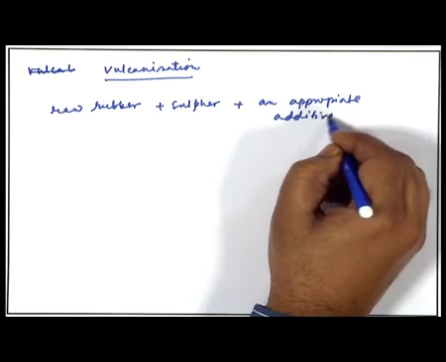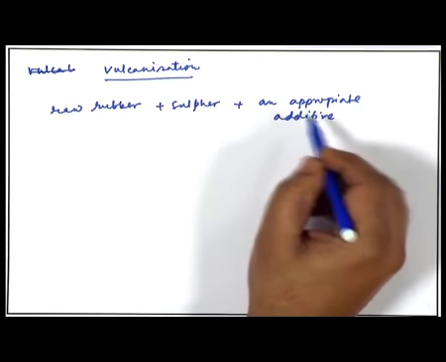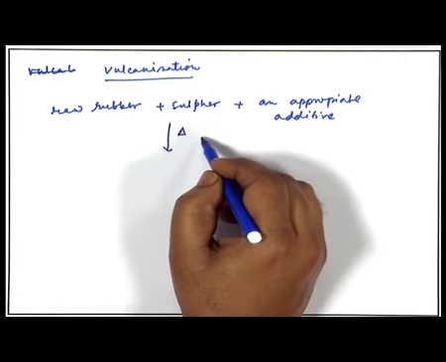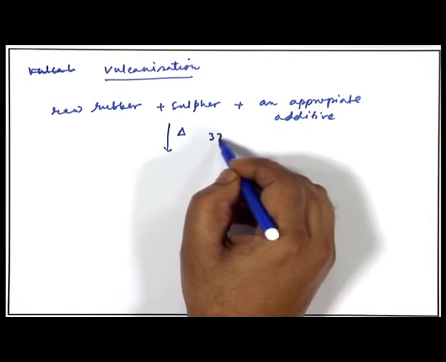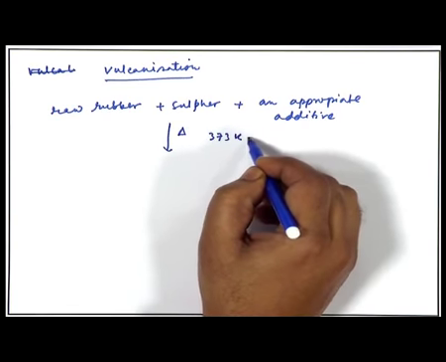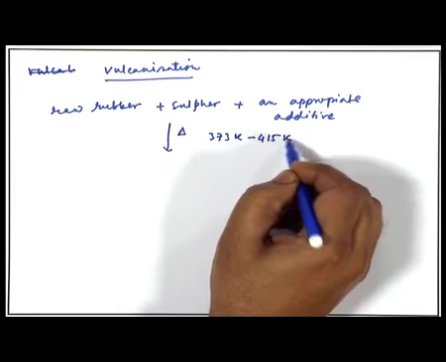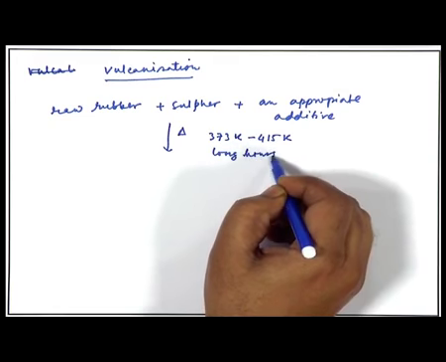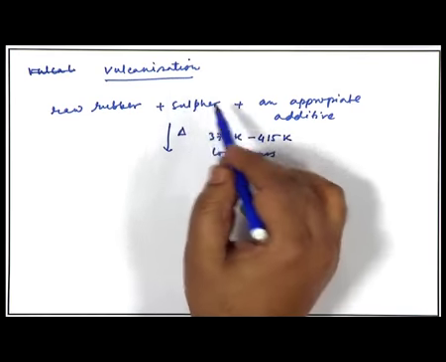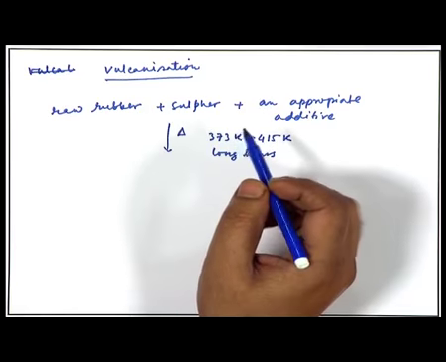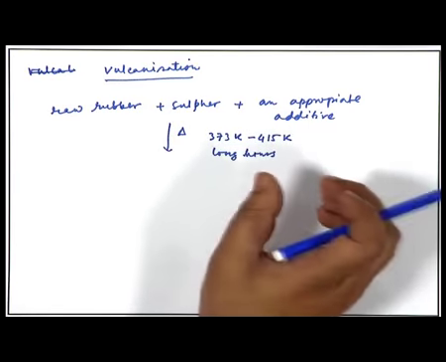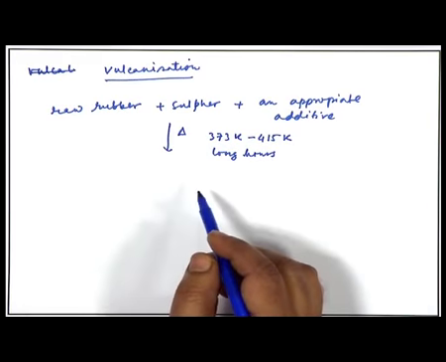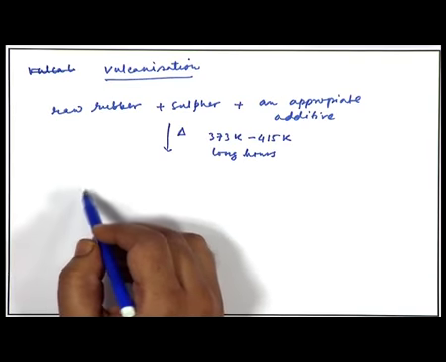I am not going into the details of what these additives are. You heat it up, generally the temperature is 373 to 415 K, and you keep it for long hours. So, it takes time, and the amount of sulfur is small, probably between 1 to 5% in general, but it could be even smaller or even higher if required.